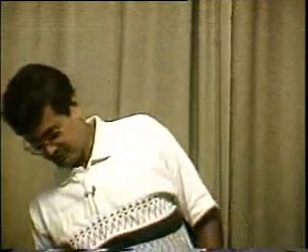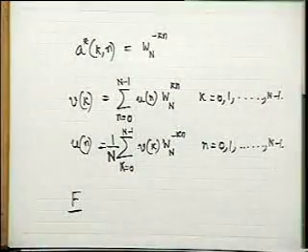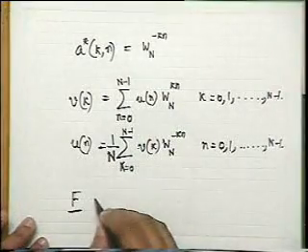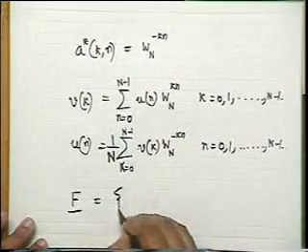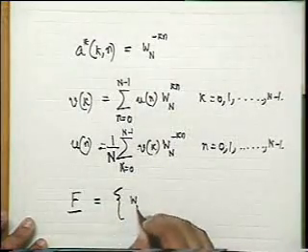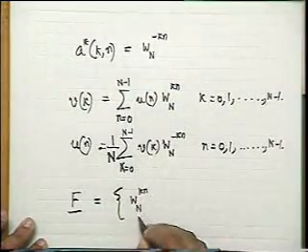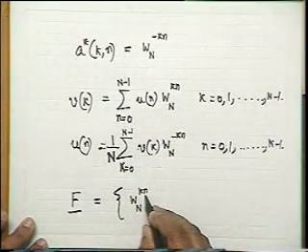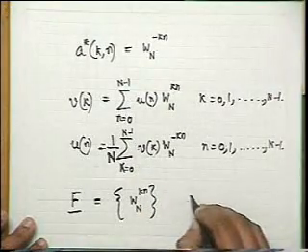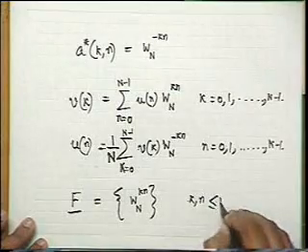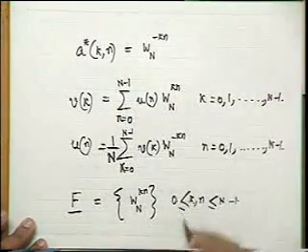Now, what is the transformation matrix's composition? Simply the composition of the transformation matrix. If I call the matrix F, then the matrix is nothing but the set of all elements w to the base n raised to the power of kn, where k and n vary from 0 to n minus 1.